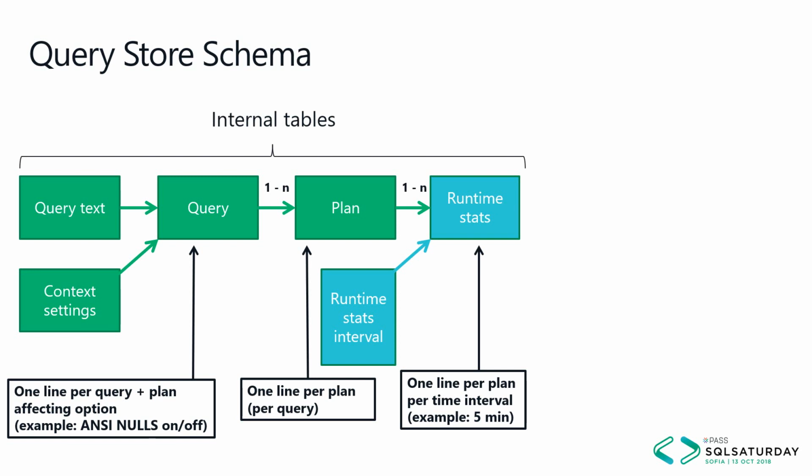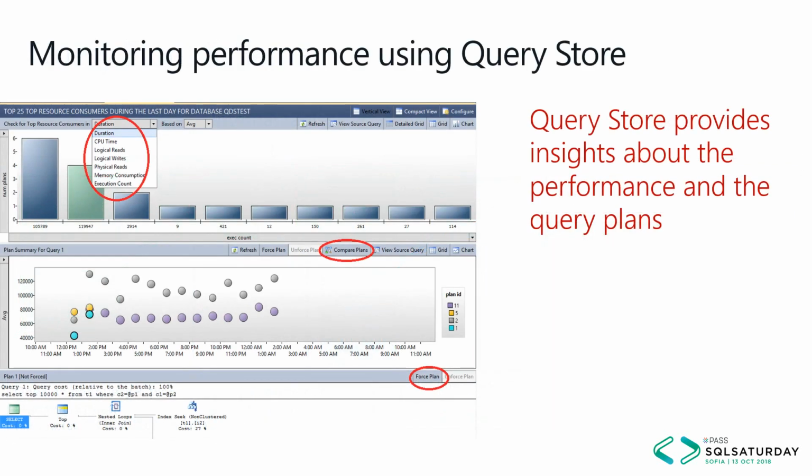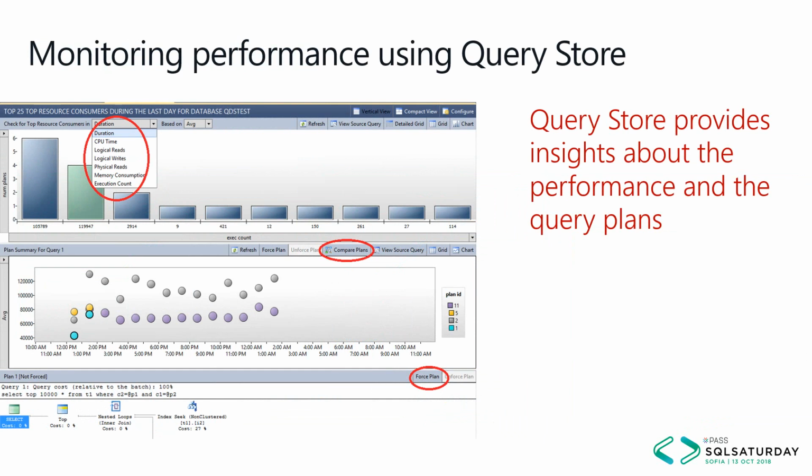These are the internal tables, and we have many exposed views, DMVs. Query text, context settings, store query, and store plan, and the runtime stats views, runtime stats interval, and runtime stats. Besides using these views to retrieve information from Query Store, we can also use a graphical interface in SSMS.